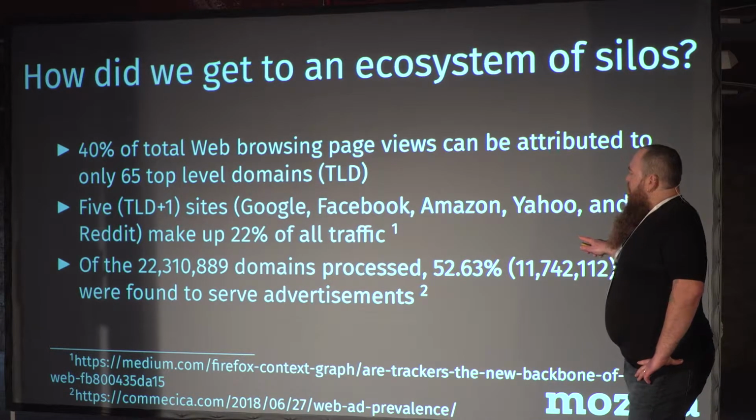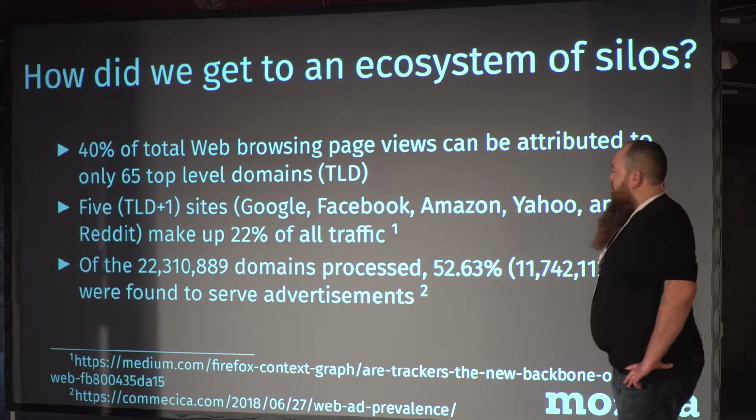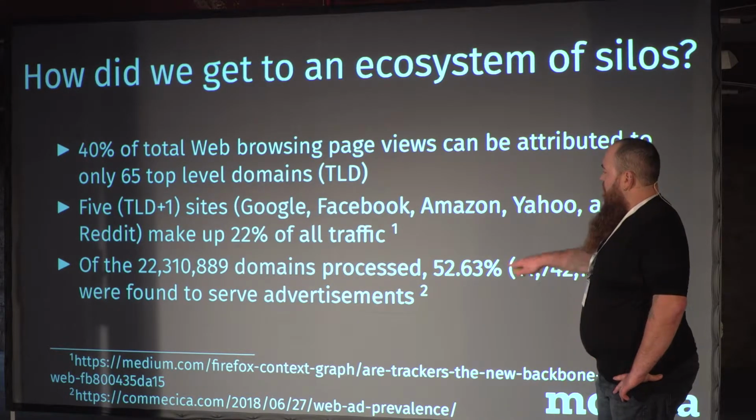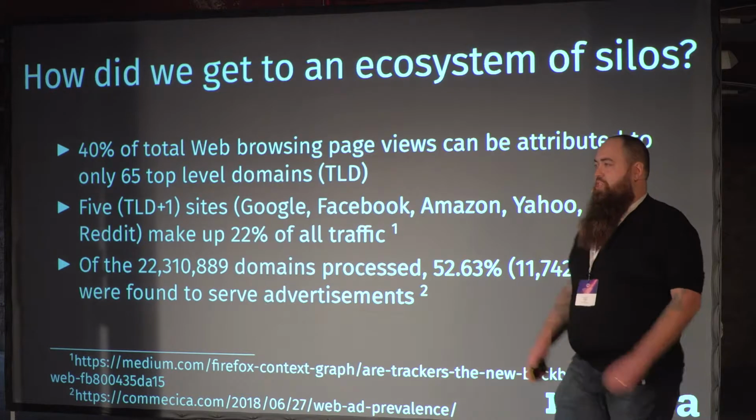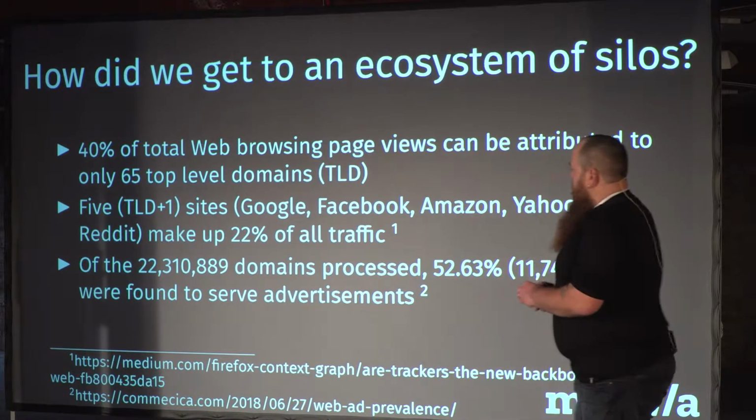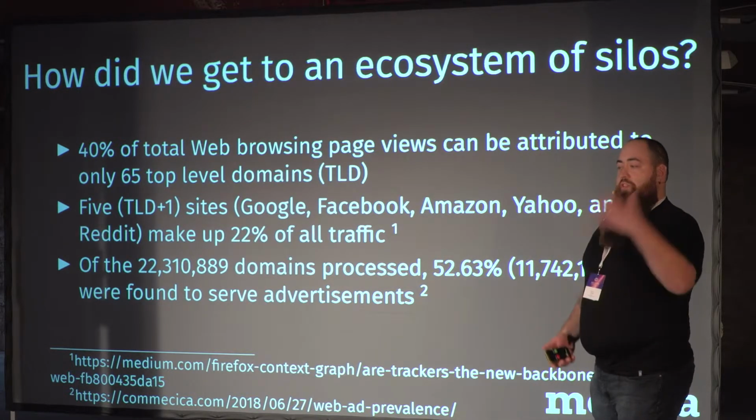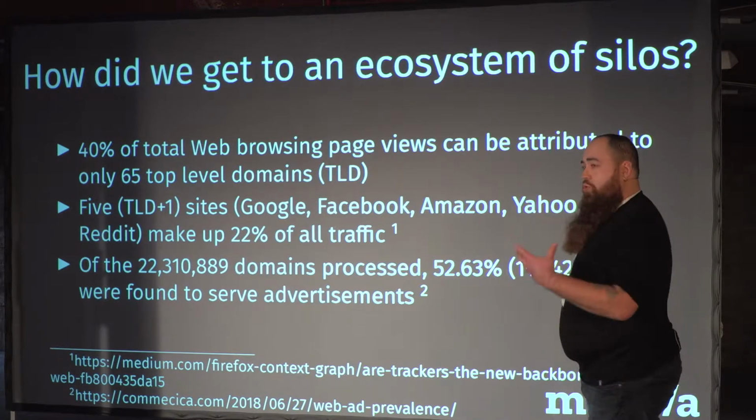Around the same time that we were carrying out this research, there was a really nice piece of research that came out from a group called Comme Ci Comme Ça, and they were deploying a similar technology to the earlier stuff that I was talking about, so crawlers.